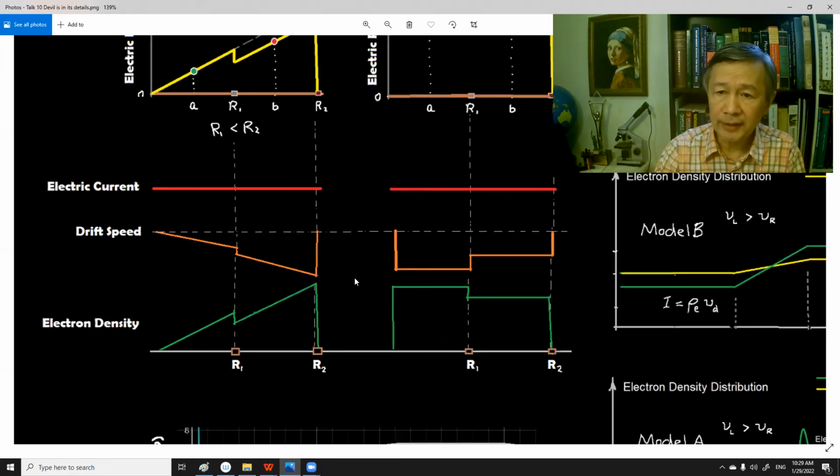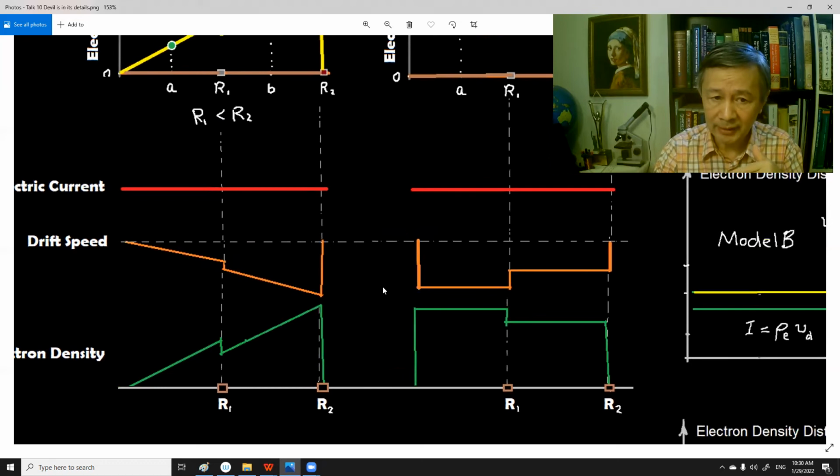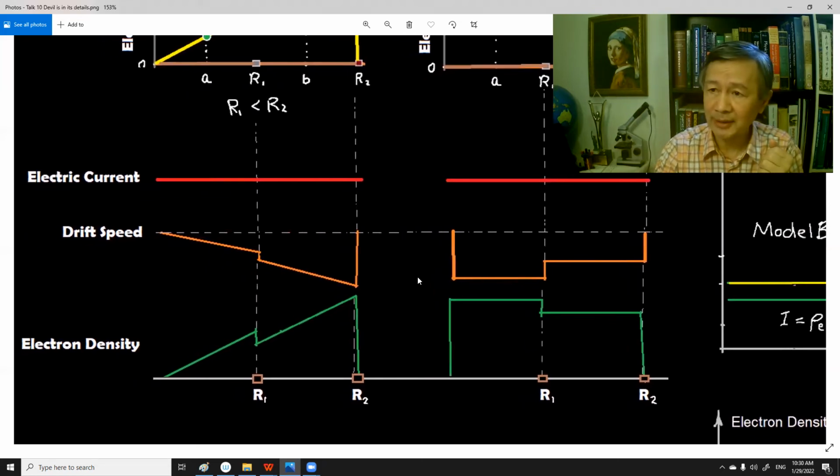In the DC-driven loop, we see horizontal lines representing the drift speed and the electron density.